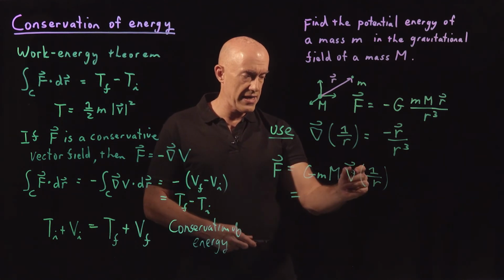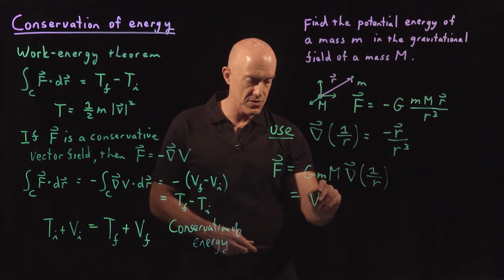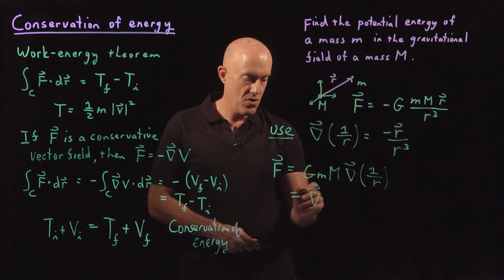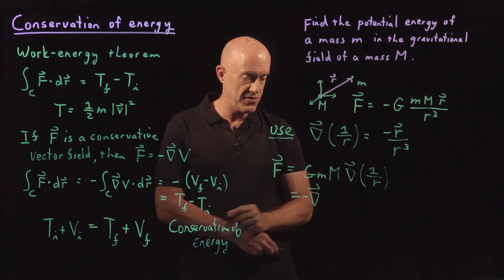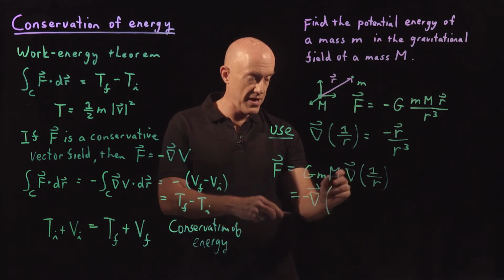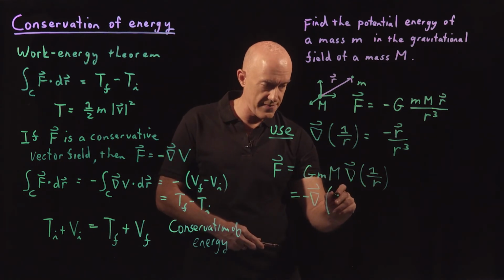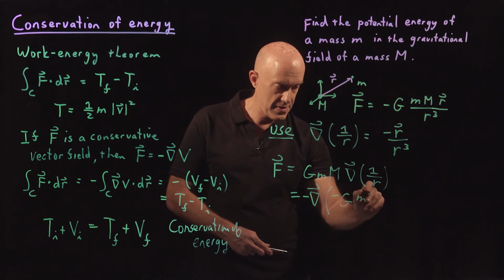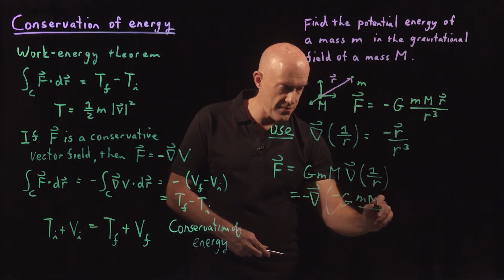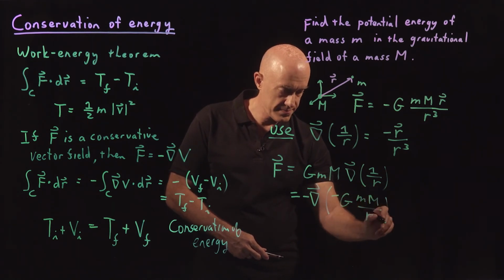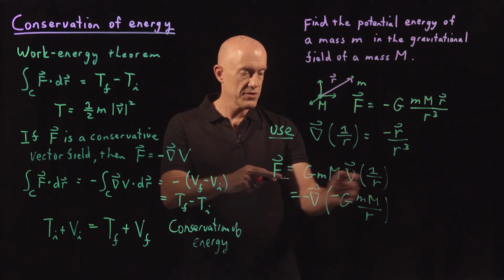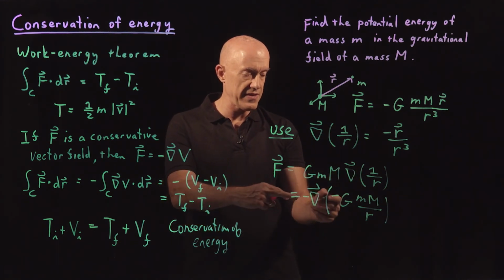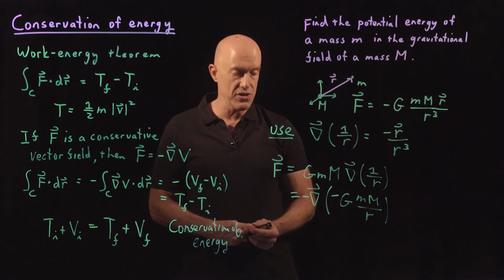We can go ahead and pull the gradient out. So this is going to be the negative gradient of whatever is left over. So we have a negative G M m over r. Okay? So we can write the force as the negative gradient of some scalar field.